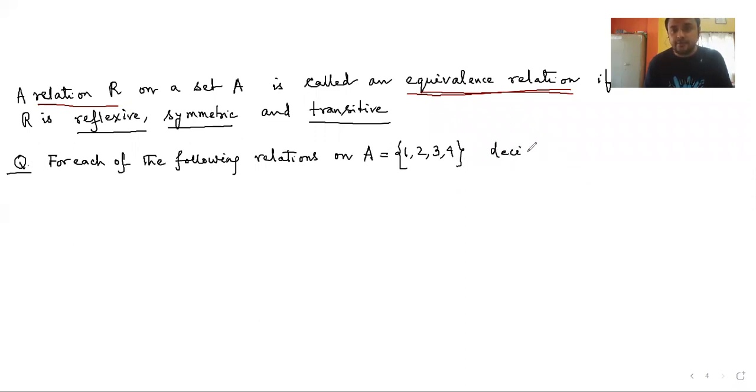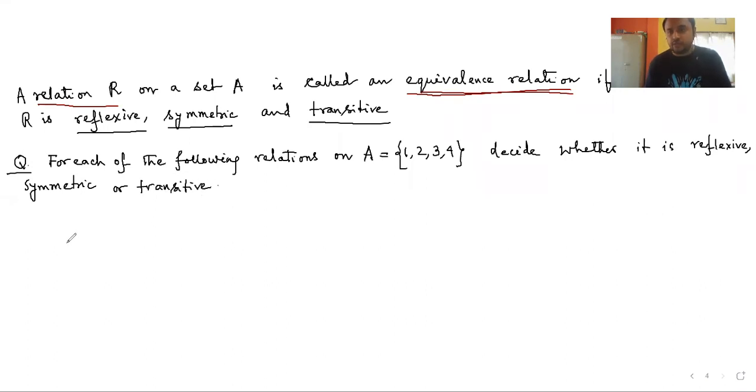Decide whether it is reflexive, symmetric, or transitive. So we have to check whether the following relations, which I'm going to show you, are reflexive, symmetric, transitive, or all of them.